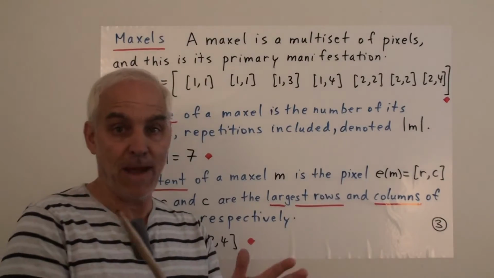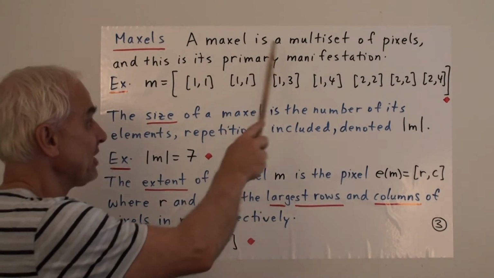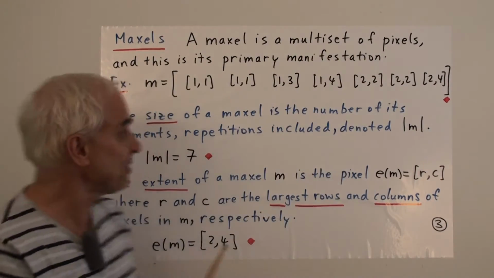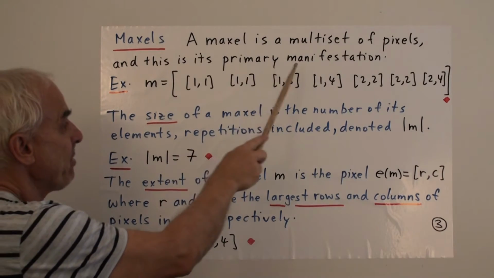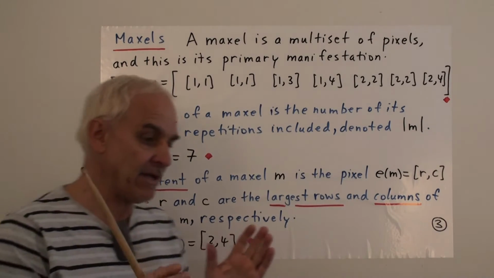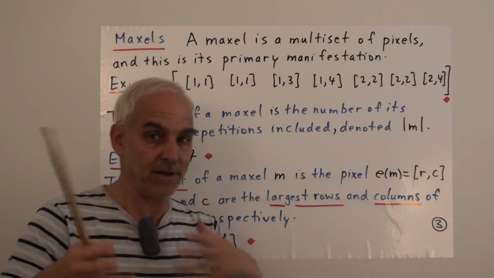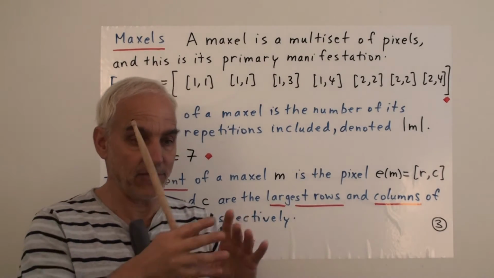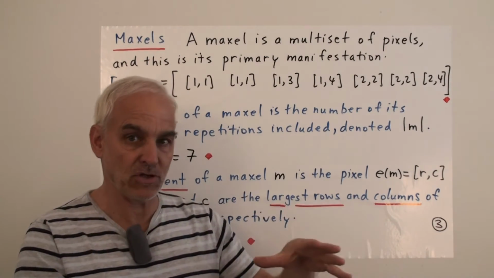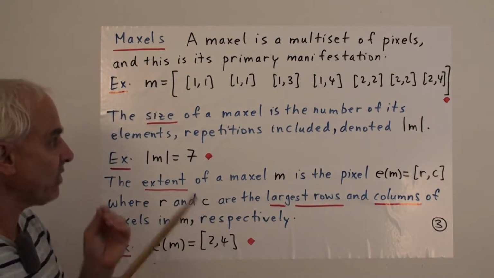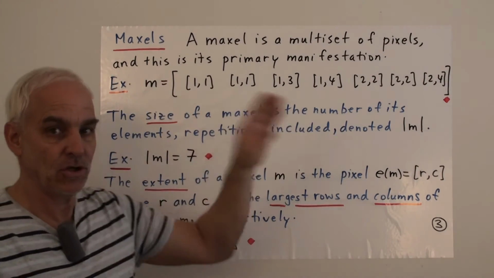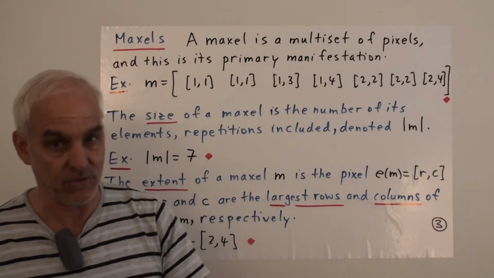All right, now let's turn to maxils. So a maxil is, I remind you, a multi-set of pixels. And this is its primary manifestation. So although we may end up visualizing a maxil in a number of different ways, in particular as a diagram in some two-dimensional screen, it's really primarily a multi-set of two-lists.